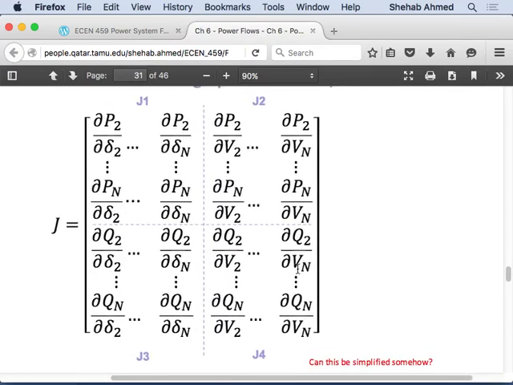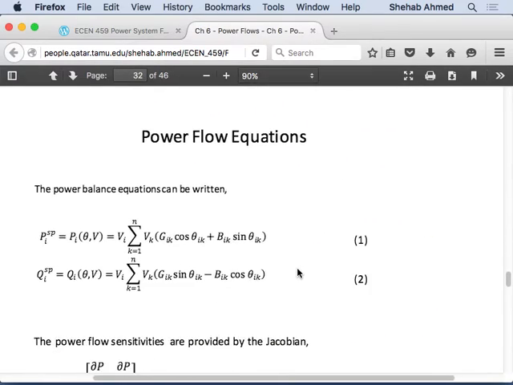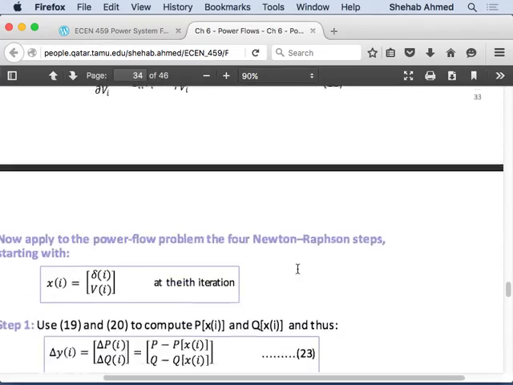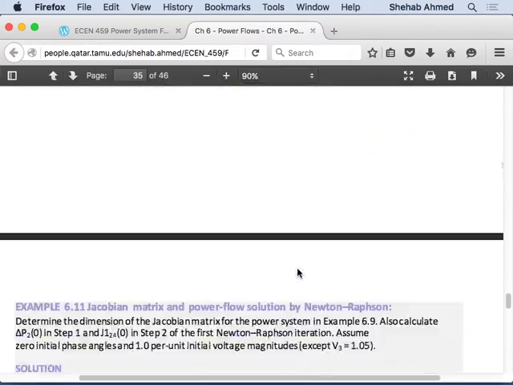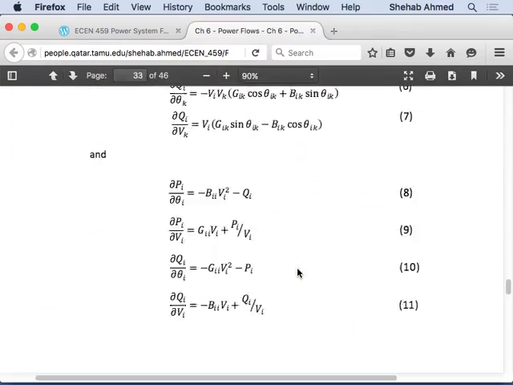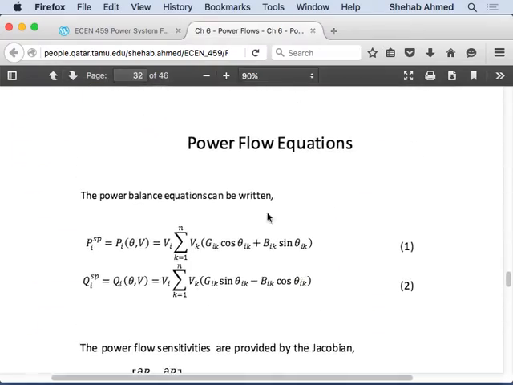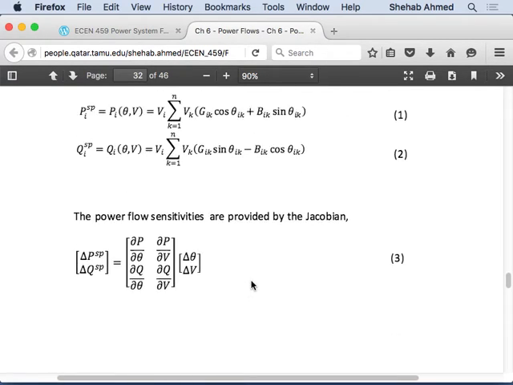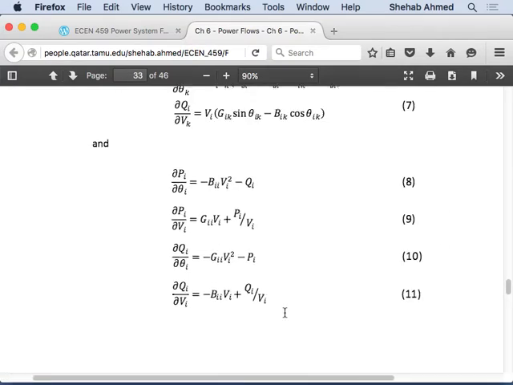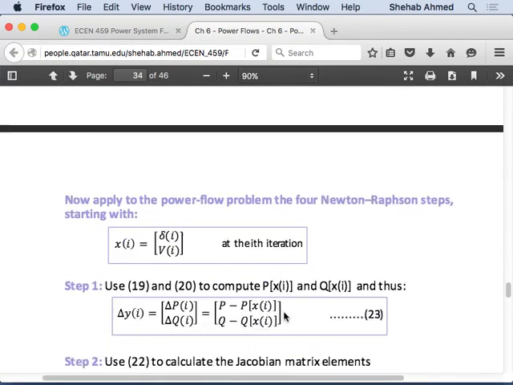They also write them for you in rectangular form somewhere else. Let me see. Is it here? Yeah, this is in rectangular form. So the power flow equations in rectangular form, and I think the differentials in rectangular form are here as well. Okay, so everything is here.